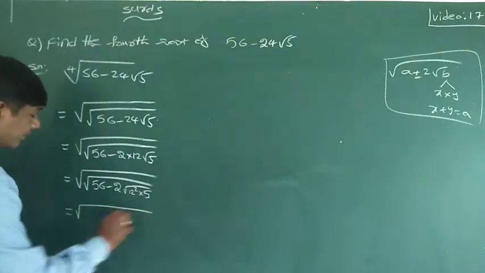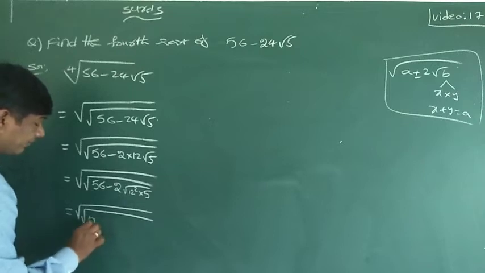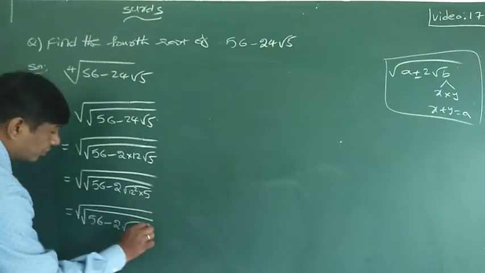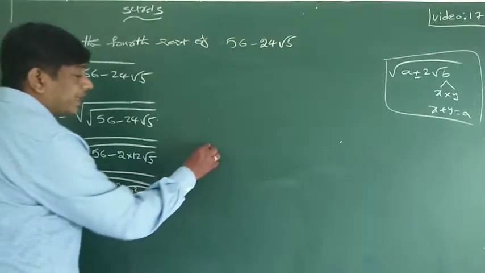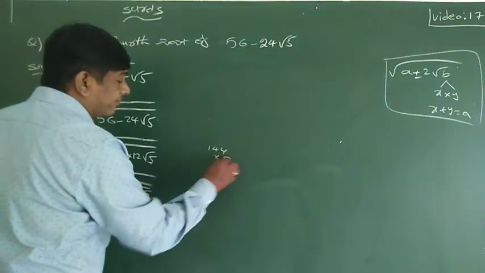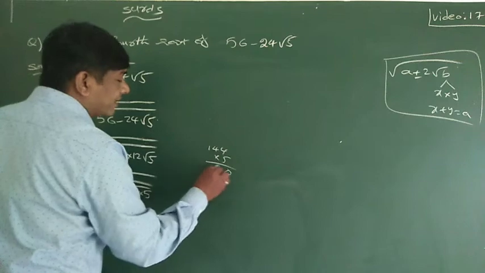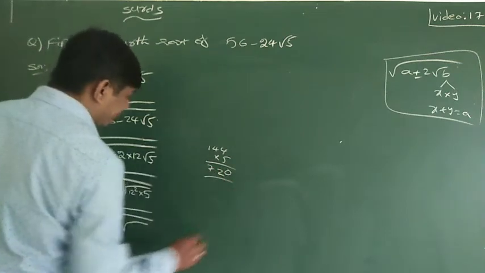That is square root of 56 minus 2 into 144 into 5s. 12 squared means 144, into 5: 5 4s are 20, 22, 12 is 720.